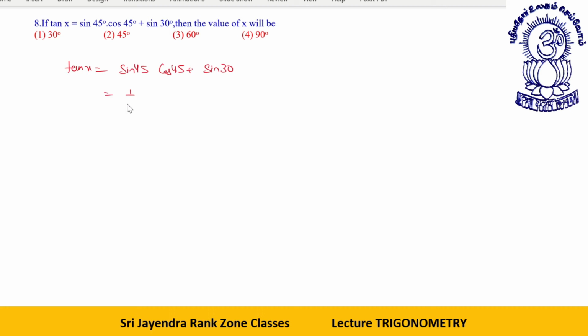Sine 45 is 1 by root 2. Cos 45 is 1 by root 2 plus sine 30 is half. So tan x is half plus half. Tan x is equal to 1. When does the tan show a value of 1? Tan shows the value of 1 at 45 degree. So x is equal to 45 degrees, your answer.